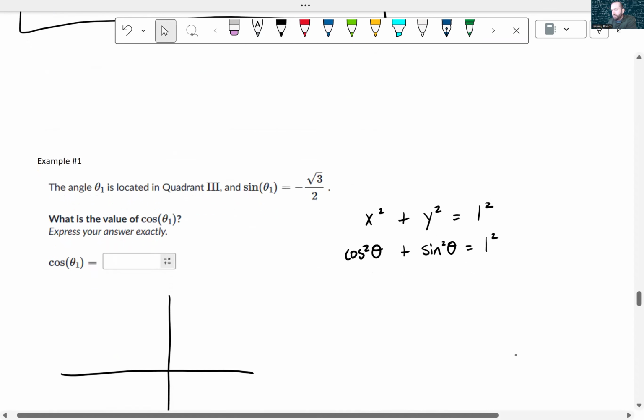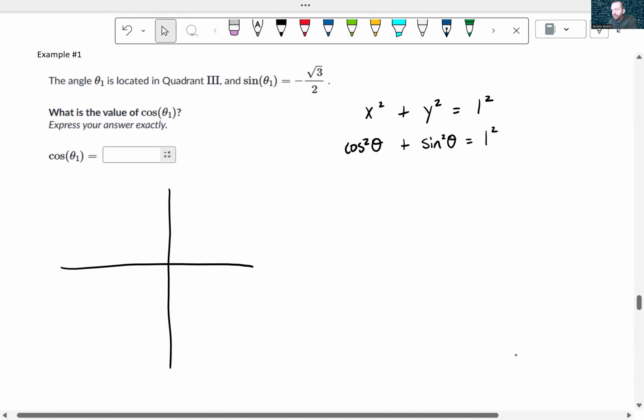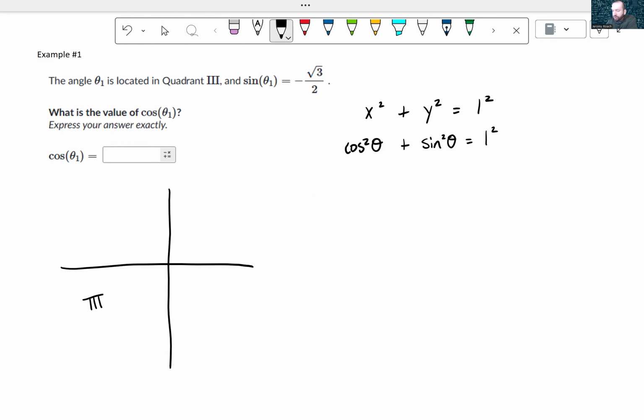And to show you what the table means a little bit better, we're going to use the coordinate plane. We're just going to sketch where this would be. So first of all, we're in quadrant 3, and we have an angle in quadrant 3. So I'm just going to draw our line like that. And we've got an angle theta right there. So it's going from 0 and extending to quadrant 3.